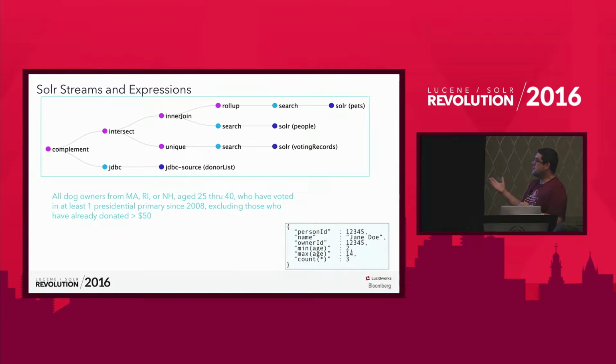We can pull data out of any JDBC available source using the JDBC stream. And you just give it a SQL statement like you would any other JDBC call, and it gives you the data in a stream format. And then we can pipe that into a complement stream, which just says exclude anybody that exists in this second stream.